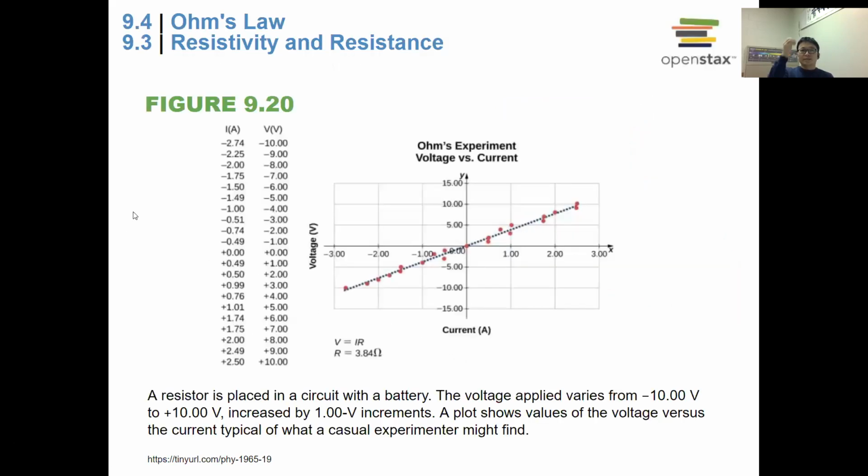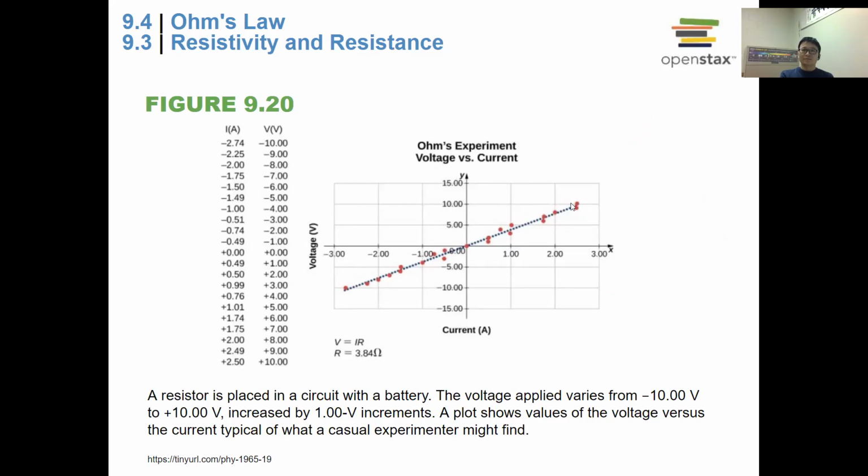Okay. So the next two sections, I feel like they are closely related to each other: Ohm's law, and resistivity and resistance. It has been demonstrated that the voltage and current are proportional to each other through a conductor.